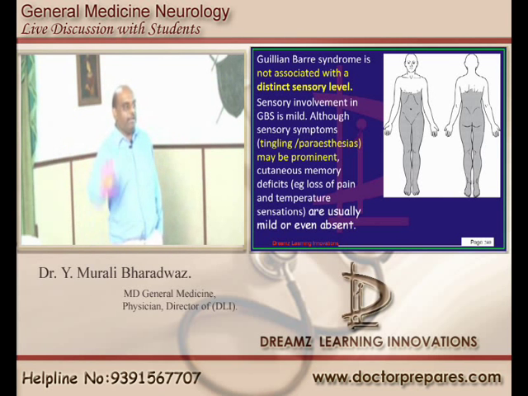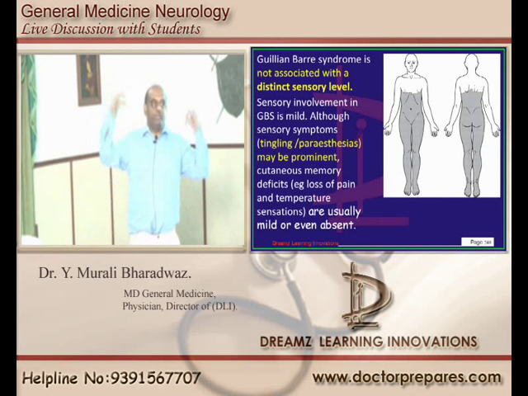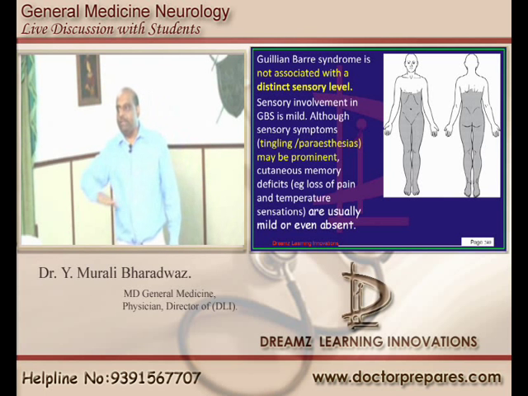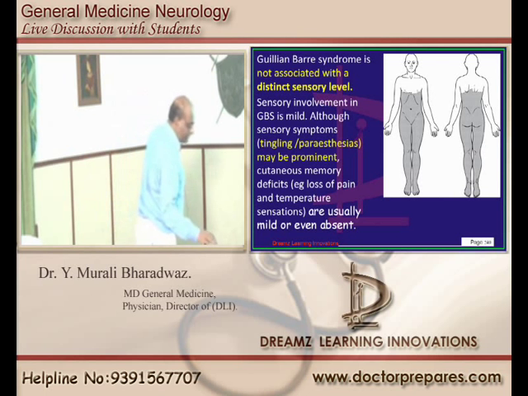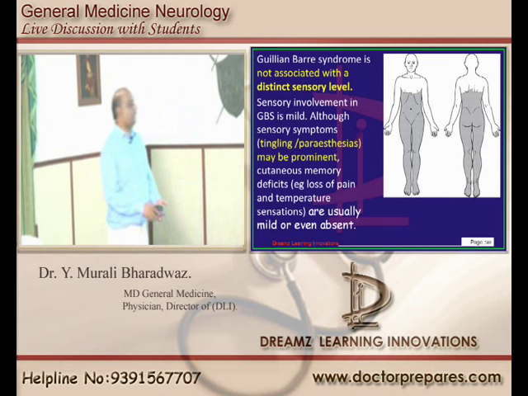So below that level the sensation is lost, and at that particular level you can pinpoint it, transverse myelitis. Somebody fell down from a tree, the spinal cord got compressed at a particular place, you will get a definite sensory level. But that is not a feature of Guillain-Barre syndrome, is what you need to remember.